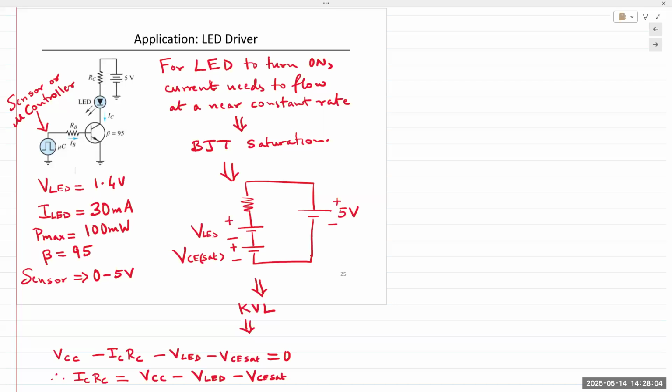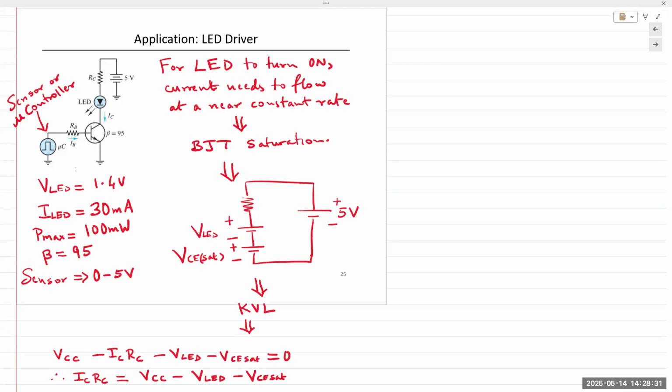So we saw the application of the transistor in the active region. Now we're going to look at it in the cutoff and saturation region. In real life, oftentimes you may have come across a system where an event occurs and an LED turns on or a light turns on. Perhaps it's a counter counting the number of people entering a building.